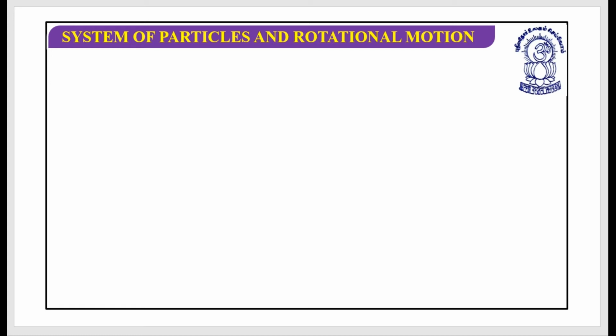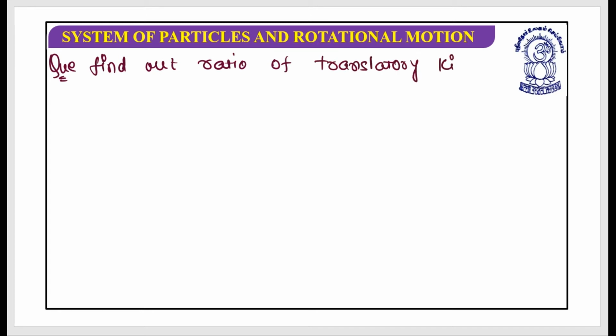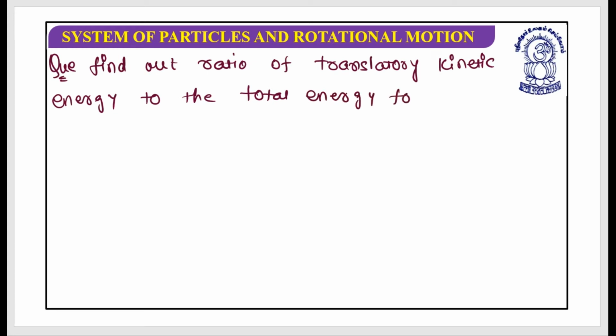The question is: find out the ratio of translatory kinetic energy to the total energy for a solid cylinder.